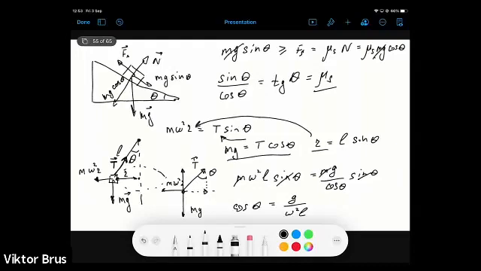And the opposite happens with omega squared and L. But the most influential parameter is omega, the angular velocity, because it comes into this equation in second power. So it will have the biggest impact. If we increase it, cosinus theta will rapidly decrease, and theta will rapidly increase until it approaches 90 degrees when we spin with very high angular velocity.